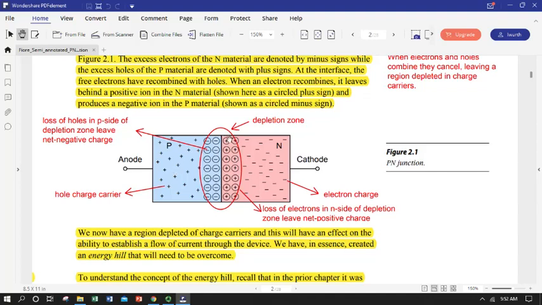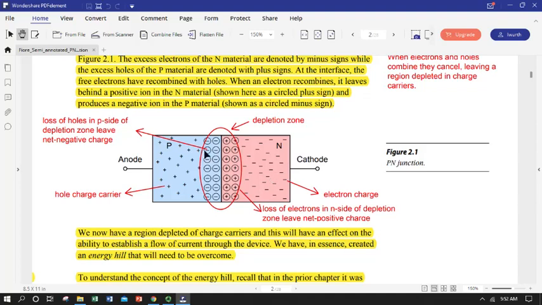We don't have a lot of charge carriers here in the depletion zone, and in fact it's called the depletion zone for a reason, because it is depleted in charge carriers. So we've got a little bit of something that's going to act a lot like an electrical insulator sandwiched between two regions that have plenty of charge carriers and can act like a conductor.